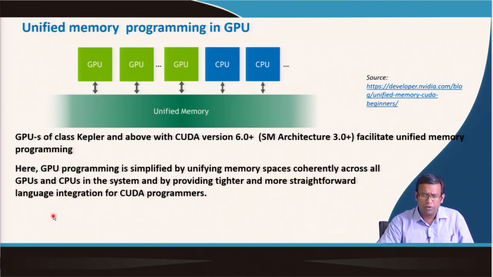Instead of looking into different memory and copying, a unified memory space with coherency across all CPUs and GPUs is seen here, and it gives a tighter association of CPUs and GPUs and a more straightforward implementation, because you really do not need to think about copying back and copying out.